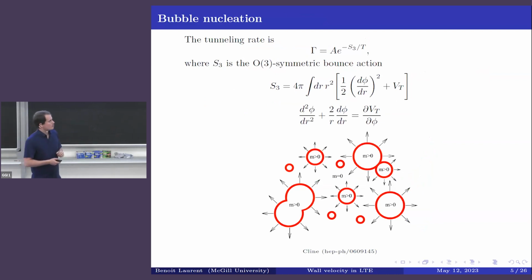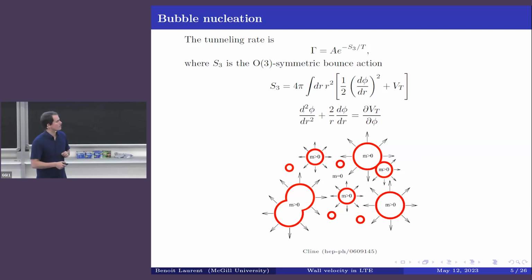To compute the tunneling temperature, the one at which the phase transition happens, we need to compute this tunneling rate here. It depends on the S3 action, which is essentially the action of the field profile that optimizes the tunneling from one vacuum to the other.